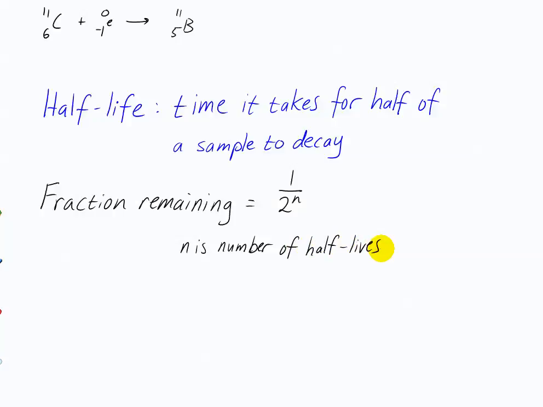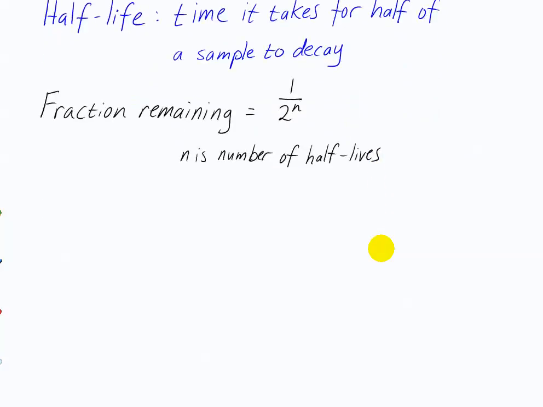So in one half-life, n equals 1. After one half-life, you have half left. After 2 half-lives, you have how much left? Yeah, half of that, a quarter, right? After 3 half-lives, you have 1 over 2 to the third, which is 8, so 1/8 left. And so knowing how much we start with, then, we can figure out how much we have left.